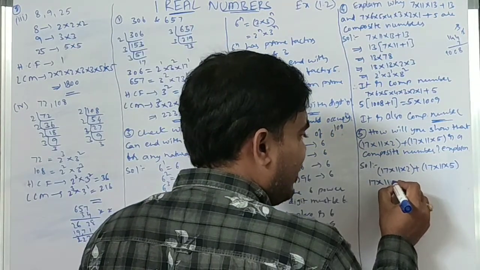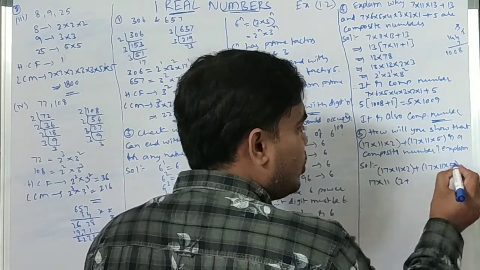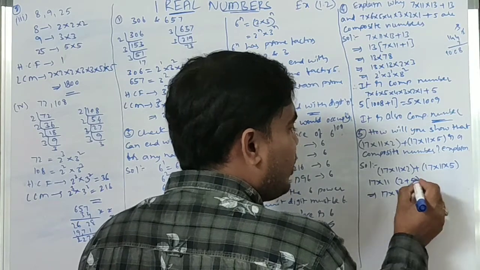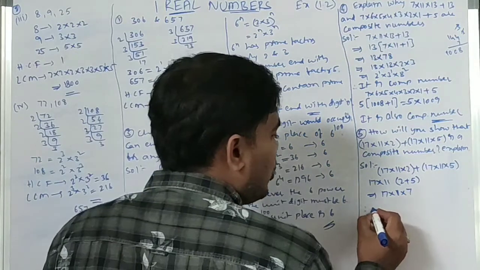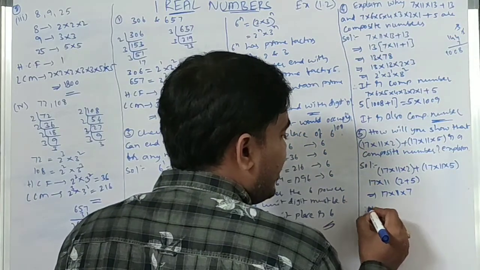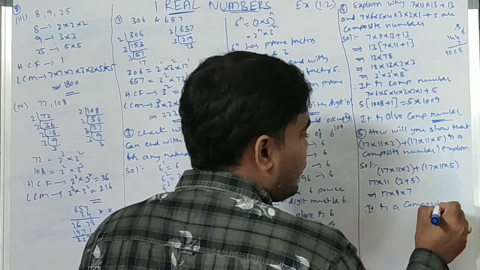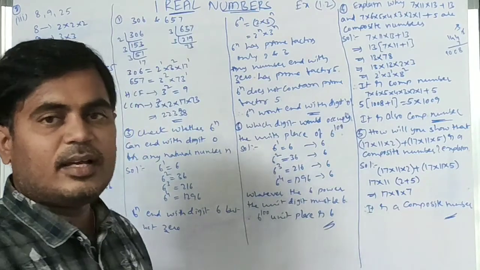If we take 17 into 11 common, we get 17 into 11 into (2 plus 5), which is 7. So this is the product of primes. Therefore, it is a composite number. This is the end of the exercise.